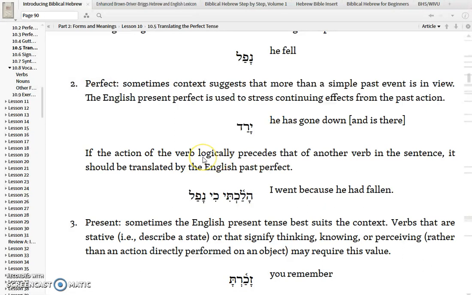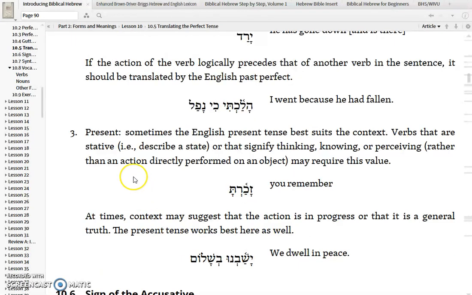Now, if the action of the verb logically precedes that of another verb in the sentence, it should be translated with a pluperfect. I went down because he had fallen. So here you have halaktati, I went down, ki, because nafal, he had fallen. However, there is no strict tense with these verbs. In certain contexts, it can be translated present tense, especially certain verbs. Stative verbs are almost always going to be translated present tense.